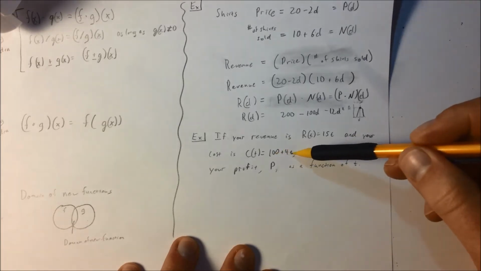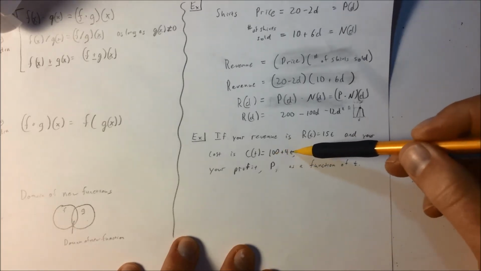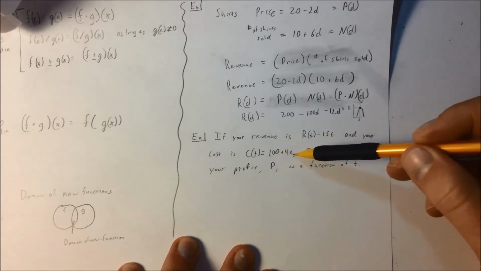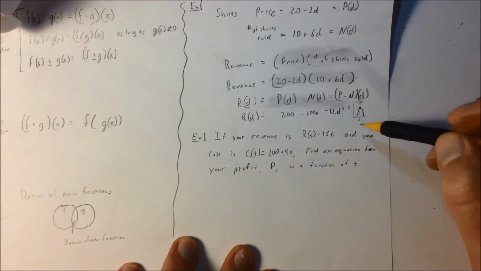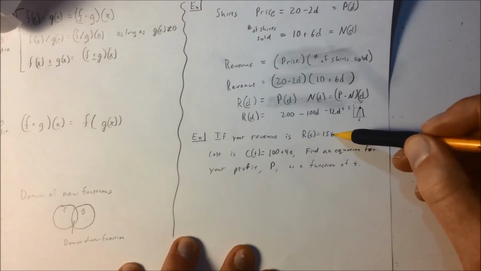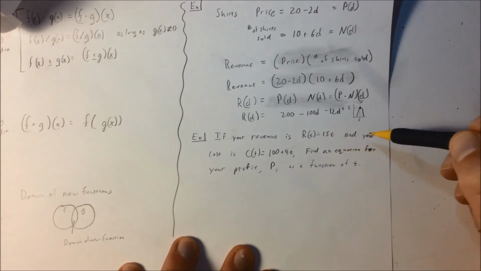So your cost, if you buy, for example, 20 shirts, is going to be 100 plus 4 times 20 shirts, $80, $180. But you're going to be selling them for $20 a shirt. If you sell 20 t-shirts, that's your revenue.